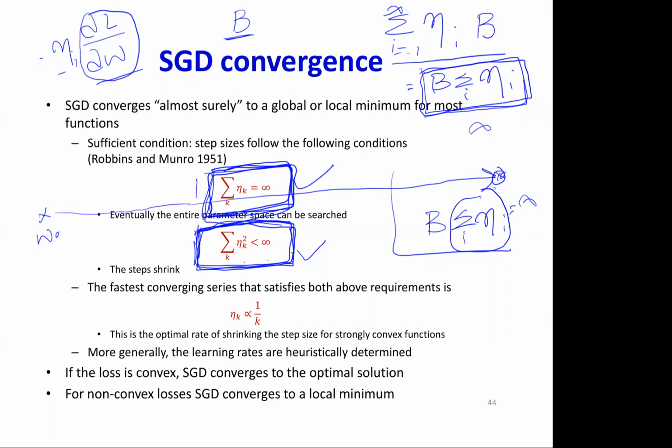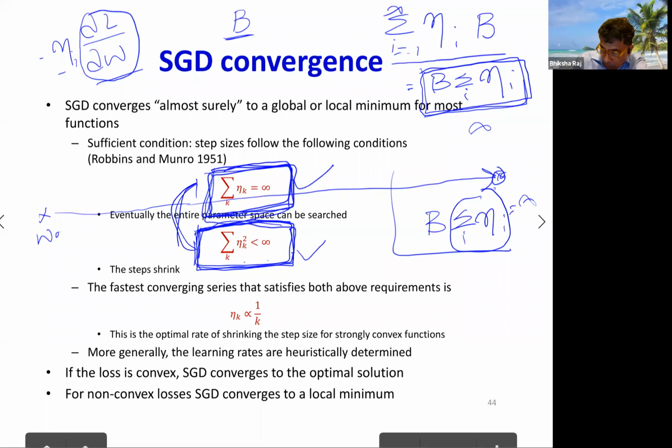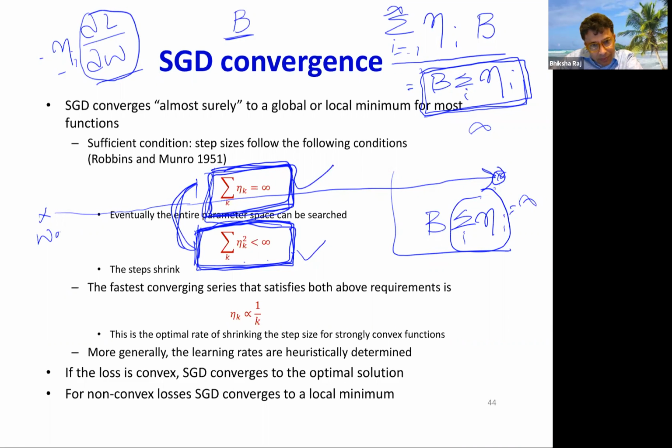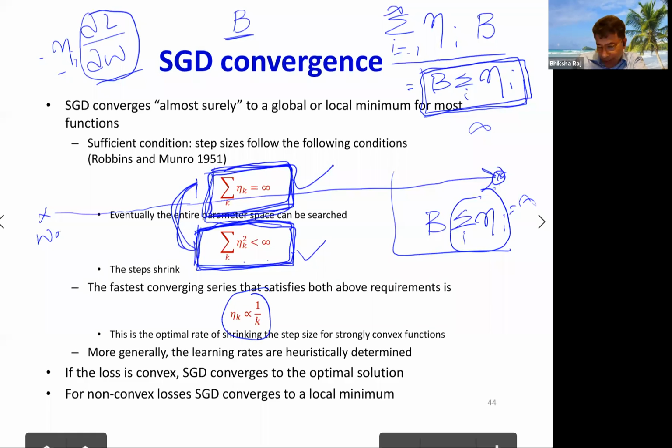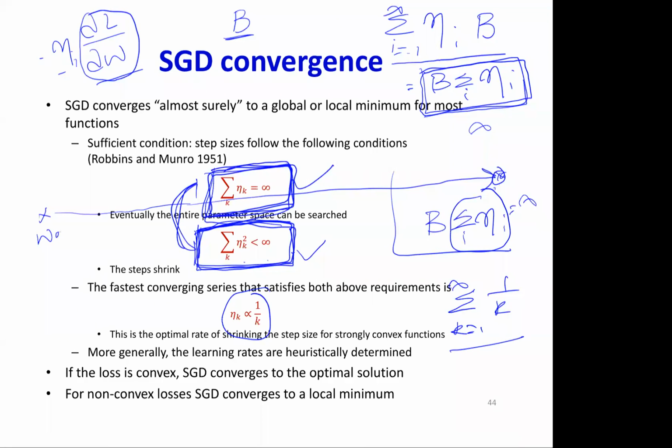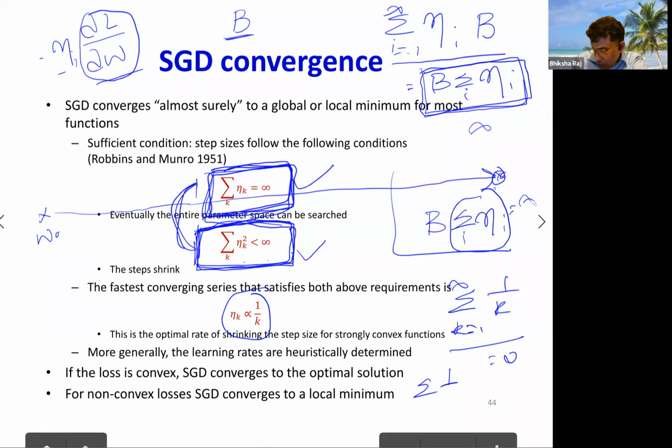Now we want to get a learning rate that satisfies both properties. Can someone suggest something of this kind to me? 1 over x, right? Exactly. And just in case, here I have this on the slide. What is the summation k equals 1 to infinity of 1 over k? Infinite, right? But what is the summation of 1 over k squared?